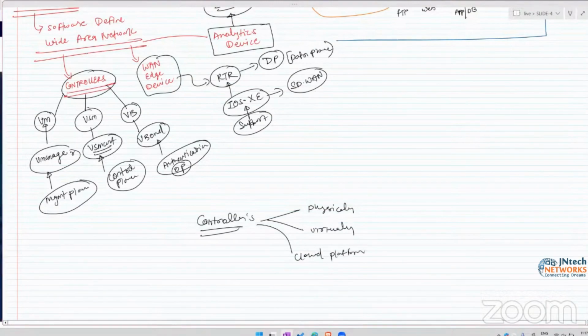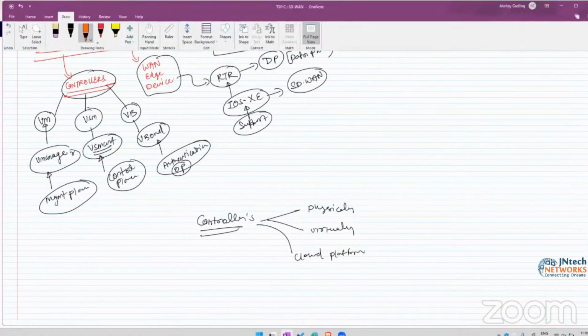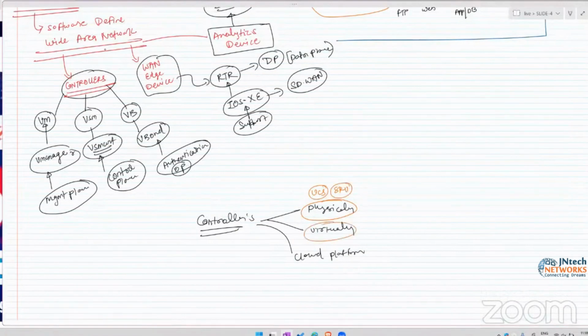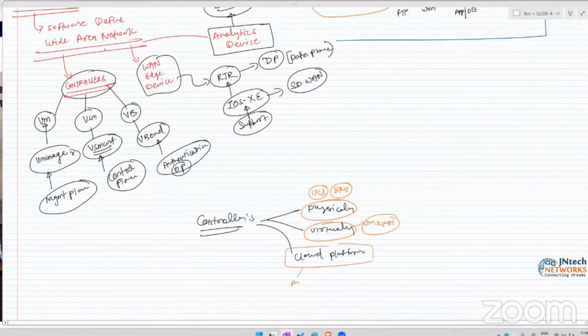If you want to deploy physically, you must have a UCS type of server. If you want to deploy virtually, you can use VMware ESXi. If you want to deploy on a cloud platform, it supports AWS, Azure, Cisco Cloud, or you can attach it with your private cloud as well. Clear?